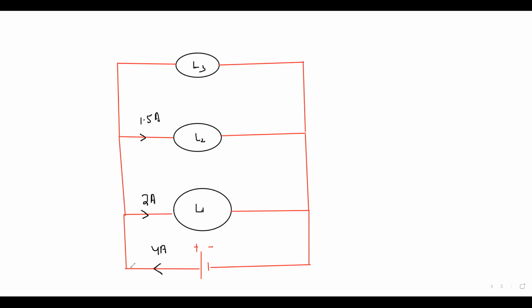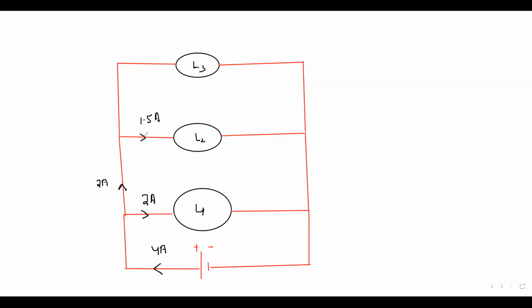If 4 ampere is passing through this, and 2 ampere is passing through lamp 1, what will be the current in this branch? It will be 2 ampere because the total is 4. If 2 is passing through one branch, the remaining 2 is passing through the other branch.